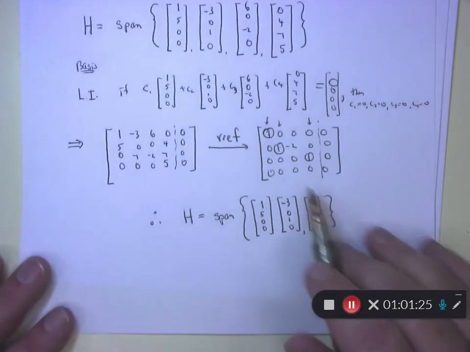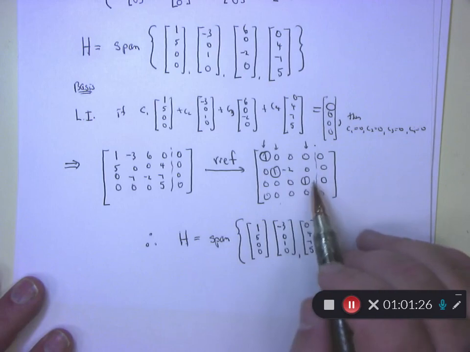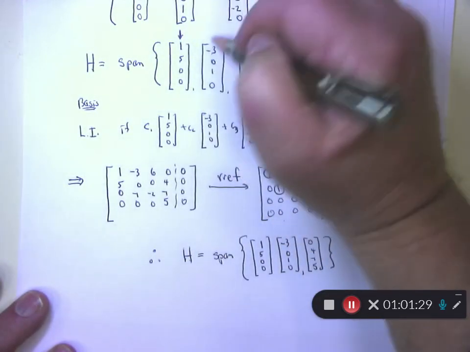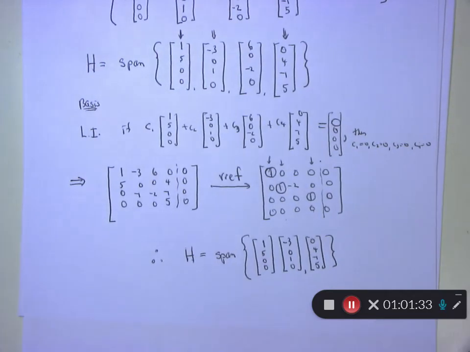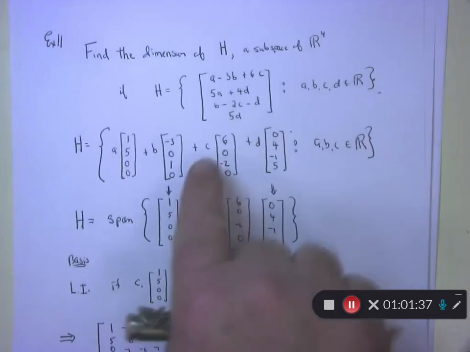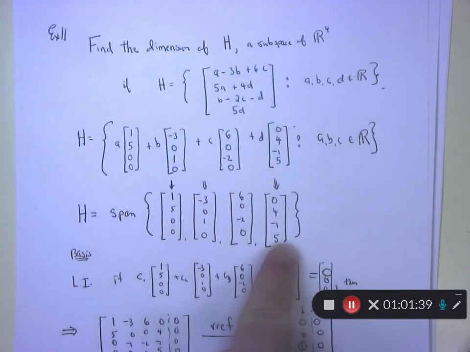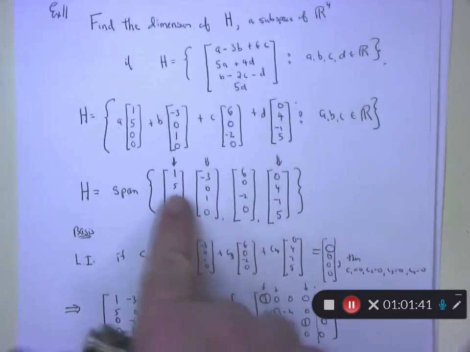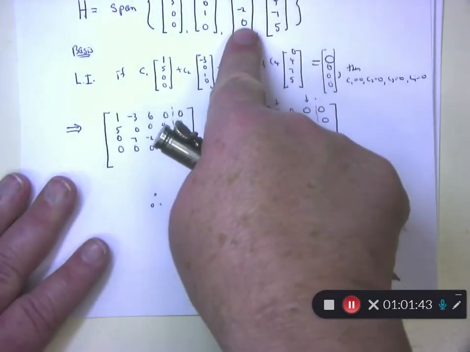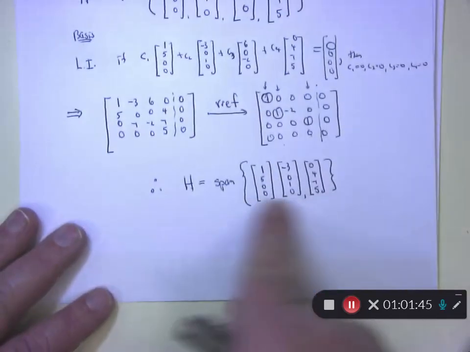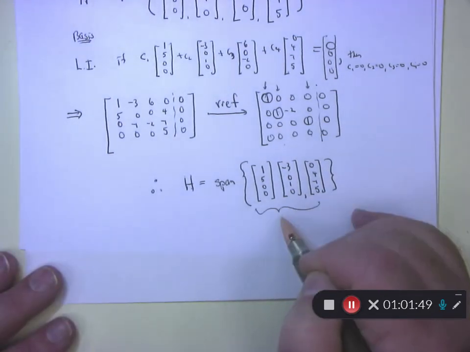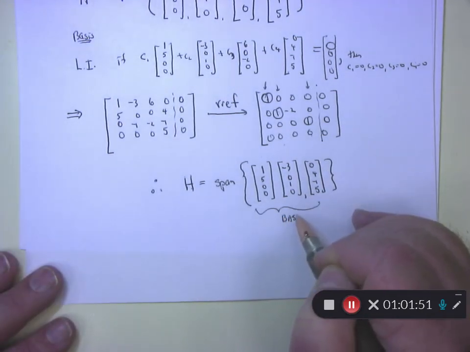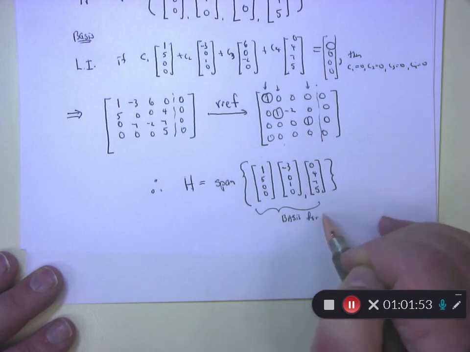And again, it's the first, the second, and the fourth one that I actually needed. Does that make sense? So H was the span of these 4 vectors, but this was not a basis. We eliminated the guy that we didn't need, and there it is down there, okay? And this is actually a basis for H.